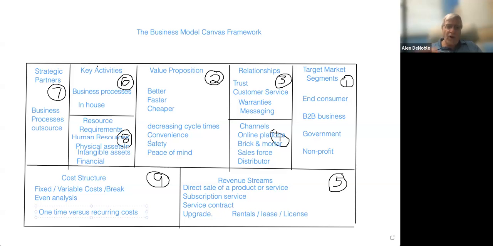That's a recurring cost. So what you're thinking about in terms of your cost structure is fixed versus variable costs, and one time versus recurring, as you look at your business model design.